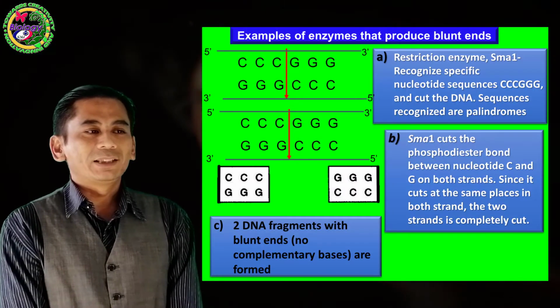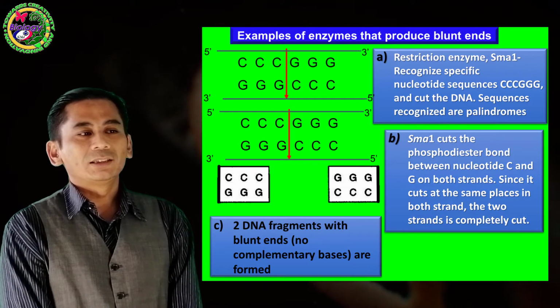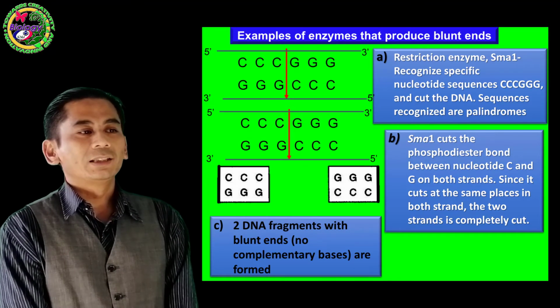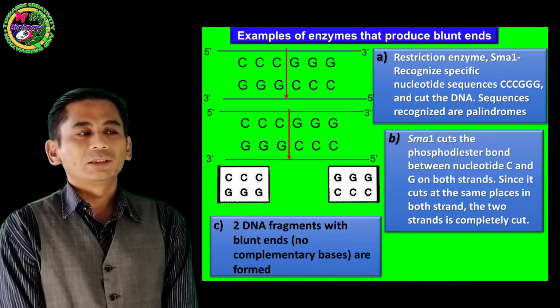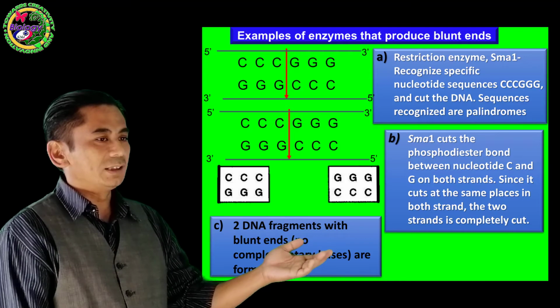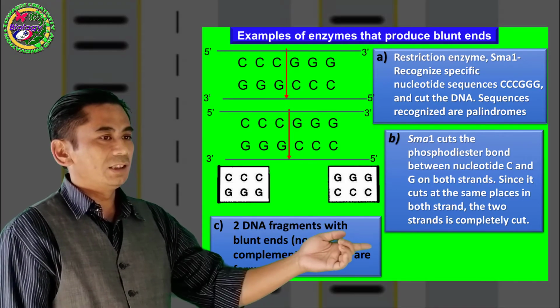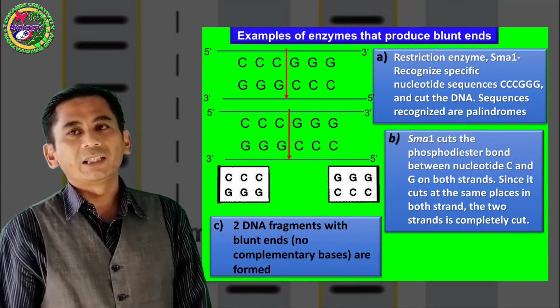How are blunt ends produced? The best example that can be used is the restriction enzyme SmaI. The enzyme recognizes a palindromic specific nucleotide sequence, that is CCCGGG, and cuts the DNA.